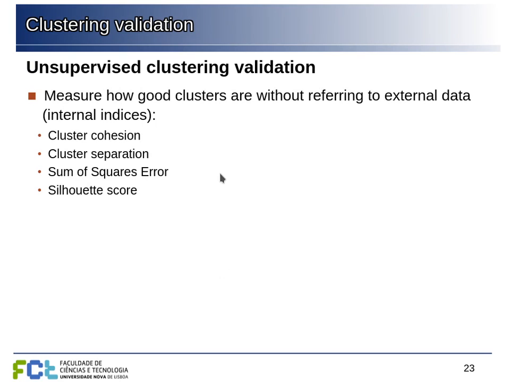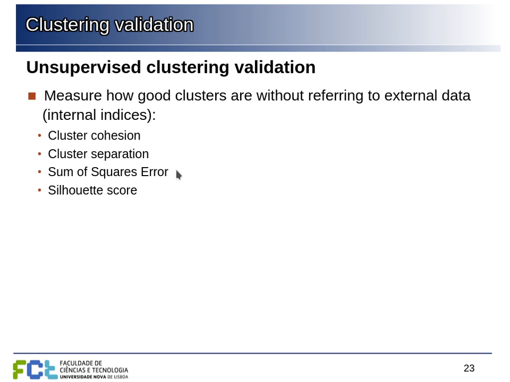But let's look first at what we can do if we are in a setting of unsupervised learning where we don't have external labels and we are not comparing to other clusterings. We are just trying to assess how good the clusters are without referring to any external data. So we are using only these internal indexes.